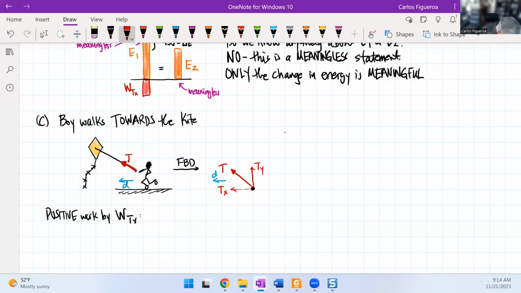Why is it positive? Because now Tx and the displacement are in the same direction.